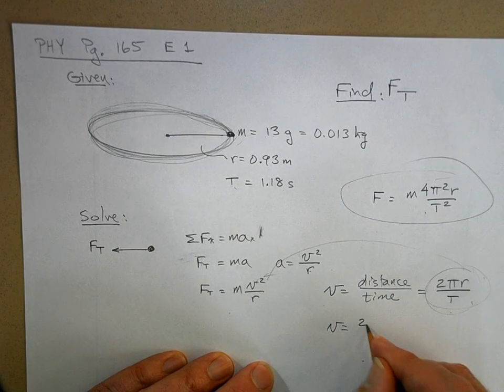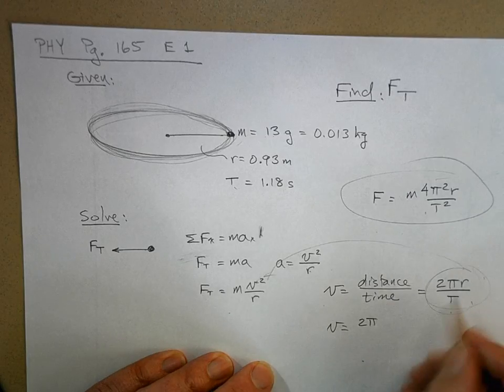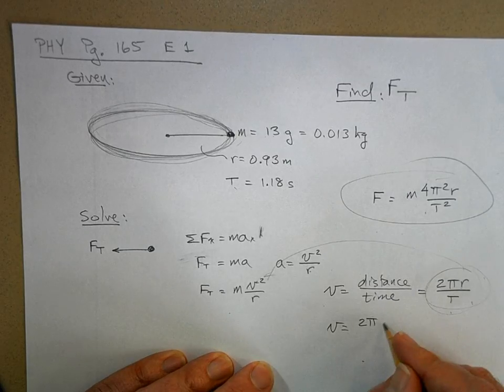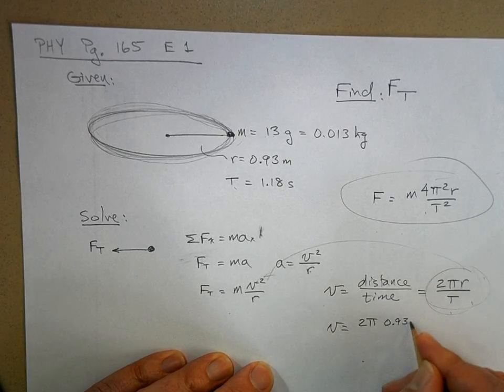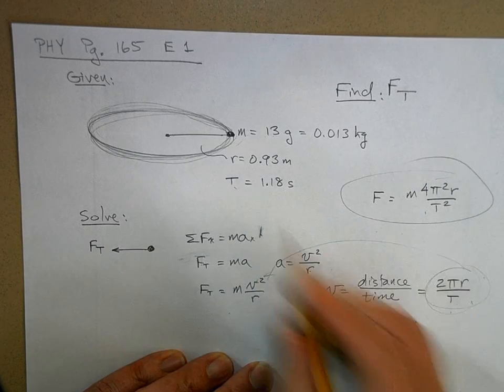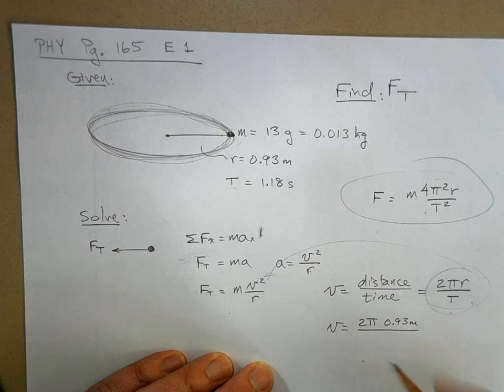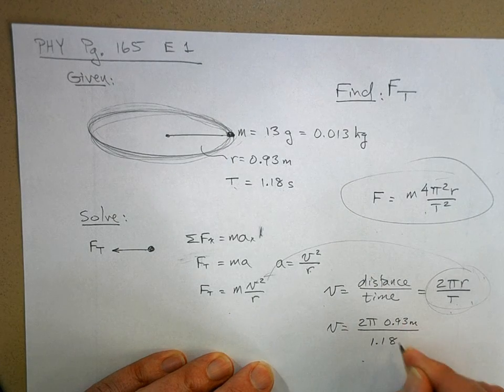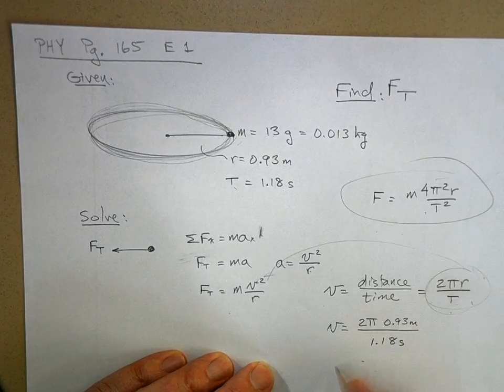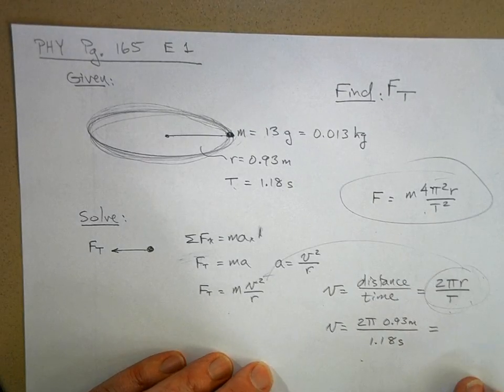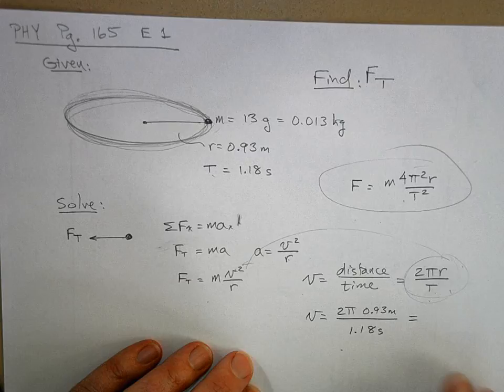So this is going to be 2 times pi times r. R is given to be 0.93 meters, divided by the period. The time it takes to make one circle is 1.18 seconds. So now I can find that.